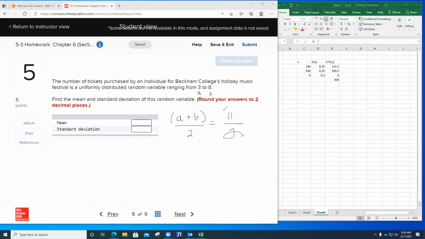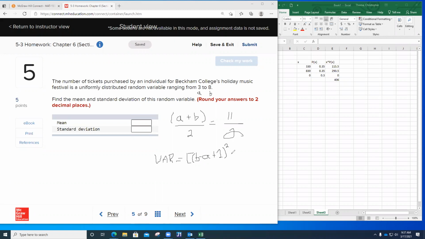To find the standard deviation, again, I always say find the variance first. That's how I just like to do it. I always find the variance, because to find the standard deviation, I just take the square root of the variance. So the formula for variance, and I'll put it in brackets, is bracket, oh, in parentheses, B minus A plus the number 1, and we're going to square this.